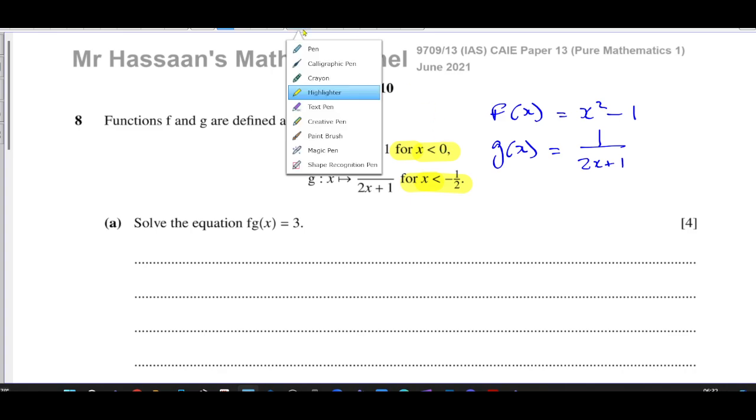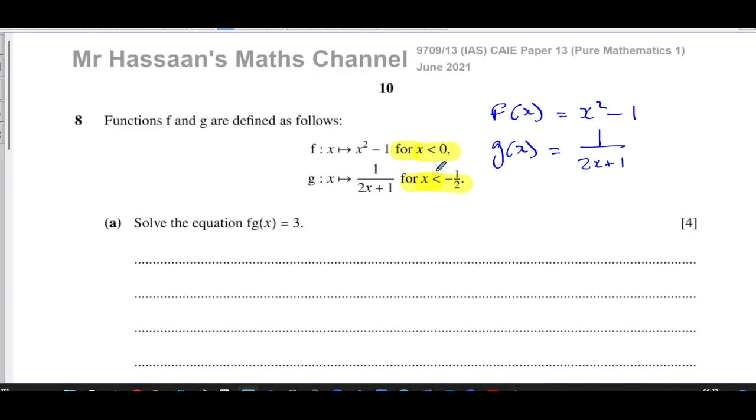In IGCSE, it didn't really matter what was written here so much because we didn't really talk about domain and range so much. But come to AS maths and A-level maths, these things that are written next to the functions are not just there for decoration. And many people mess up functions questions because they don't take care of what domain these functions are defined for. So for example, this function only exists for x less than 0.